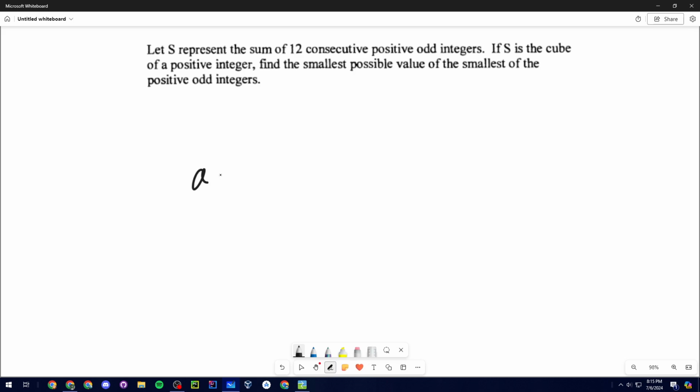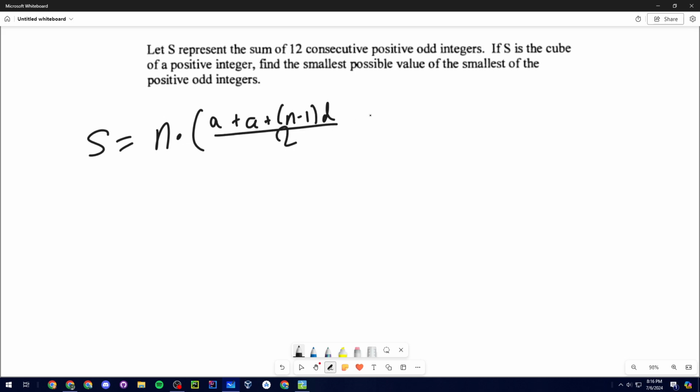We have a, and then the sum of a finite arithmetic series, so I'll just say S is the number of terms over 2, or actually better yet, think of it this way: the number of terms times the average of the first term, so I'll just say a, and the last term, which ends up being a plus n minus 1 d, over 2, right? a plus n minus 1 d is equal to the last term, and then a is the first term, so that's where that comes from.